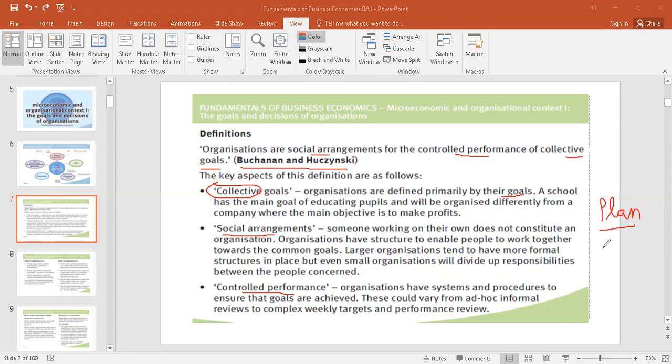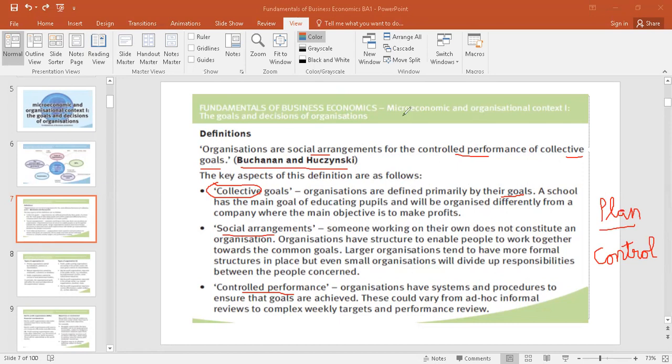So there would be control exercised based on whatever is the plan that is decided. Planning and control go hand in hand. That is the basic point here. So we see that organizations are social arrangements for the controlled performance of collective goals.